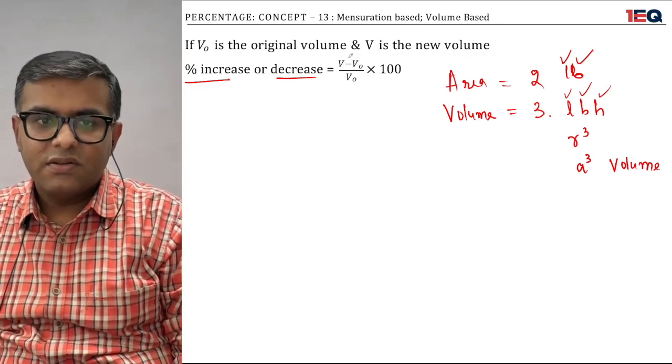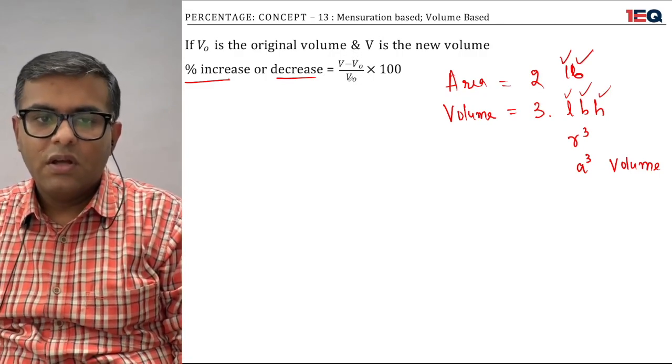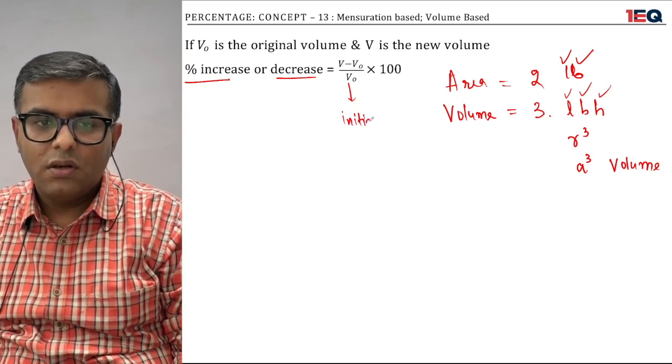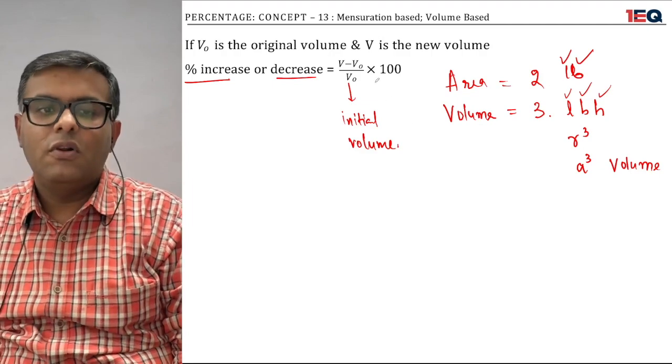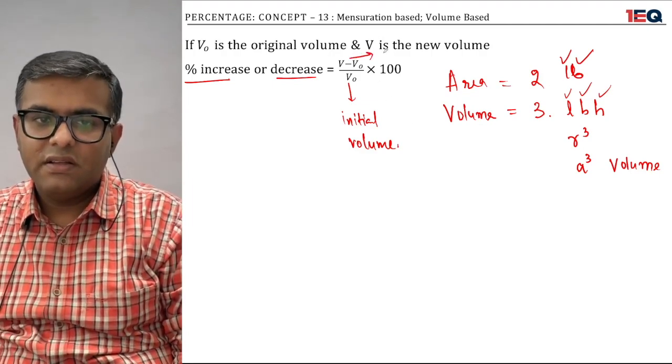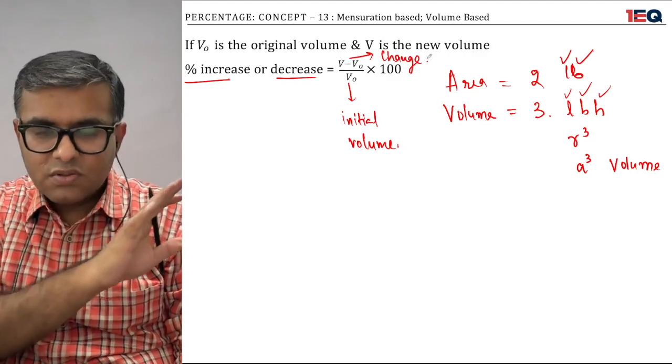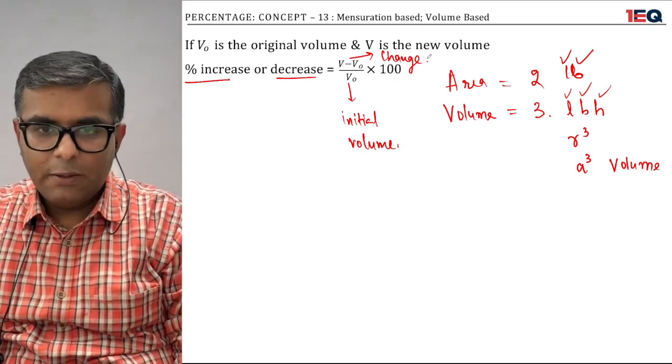That percentage increase or decrease would be found out having the initial volume, the original volume, in the base, and having the change here. Okay, so I've explained the entire formula pretty well.